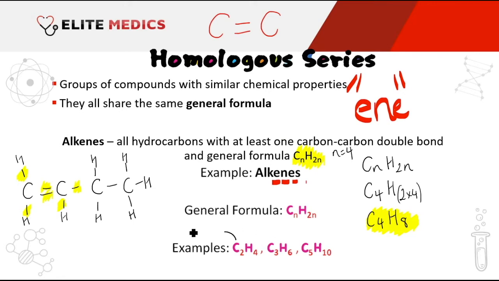If it was 3 carbons, it would be propene. And if it was 5 carbons, we have pentene. Sorry, not butene, pentene. 4 would be butene. Okay?